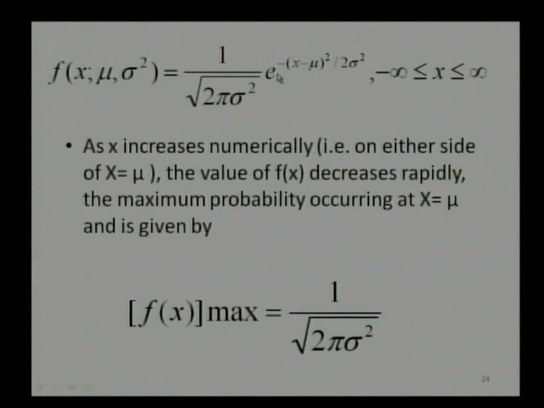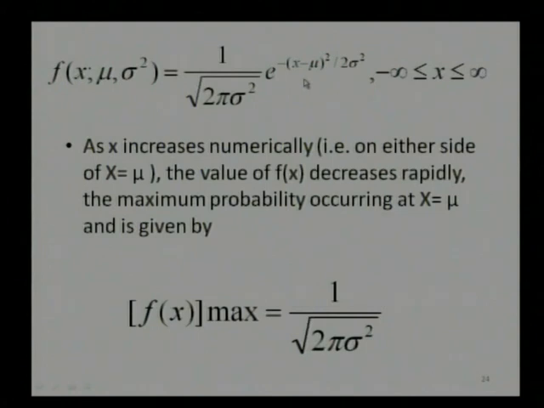So e raised to 0 will be 1, but when does that happen? If we take x equal to mu, then we have e raised to minus (x minus mu) whole square divided by 2 sigma square, which becomes 0, meaning the power of the exponent is 0.